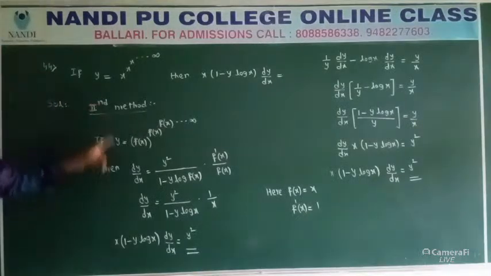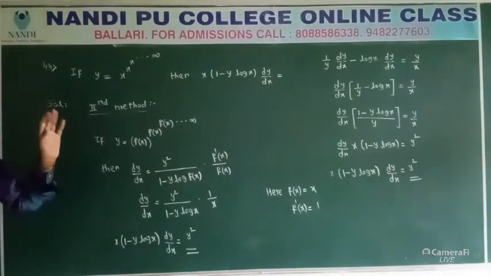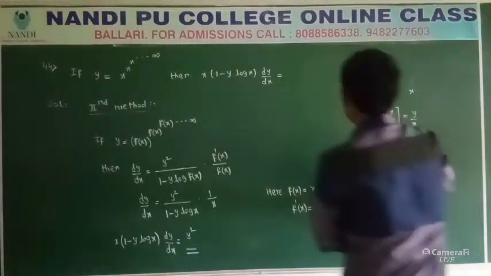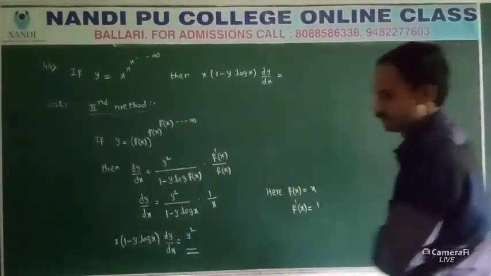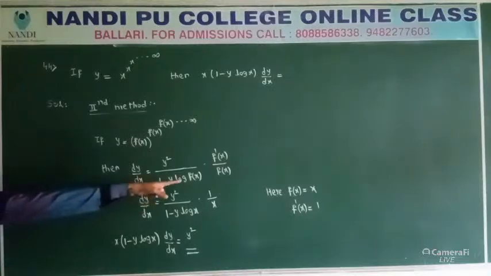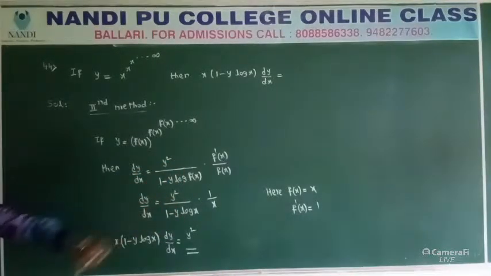This is the shortcut method. If you learn the formula by heart, time will be reduced. Here f of x is x, f dash x is 1.